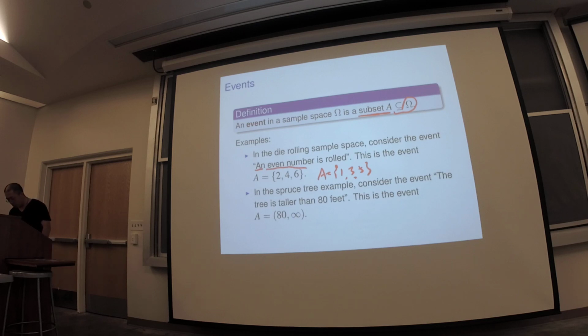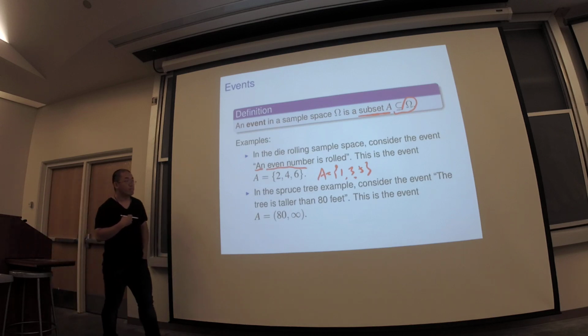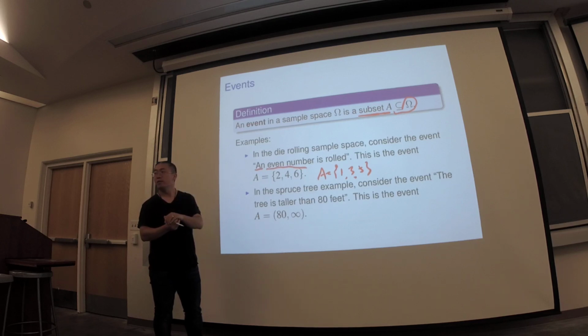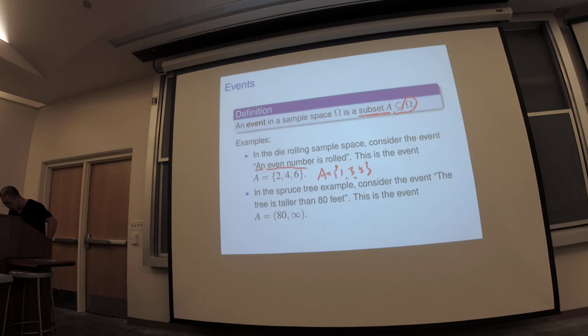And in the spruce tree example, that is for continuous. So for a continuous sample space, your event is a subset, but the subset could be infinite as well. Say my experiment is to measure the height of the spruce trees, and I want to look at an event that the tree is taller than 80 feet.